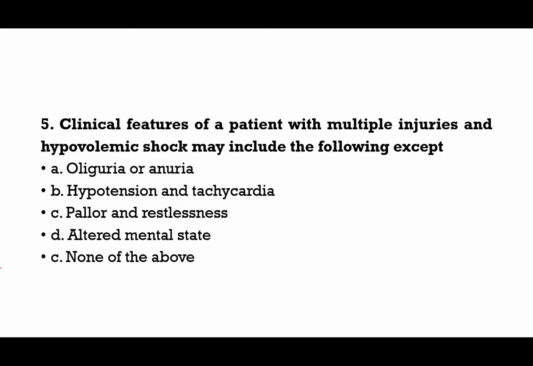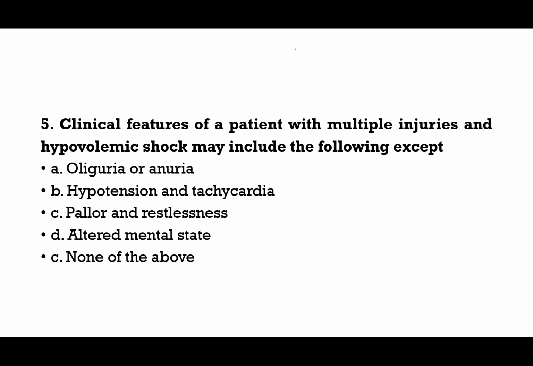The next question, clinical features of patients with multiple injuries and hypovolemic shock may include the following, except. We are looking for the negative option here. Oliguria and anuria. Of course, they will have prerenal acute renal failure. There will be peripheral diversion of blood in the second stage of shock.